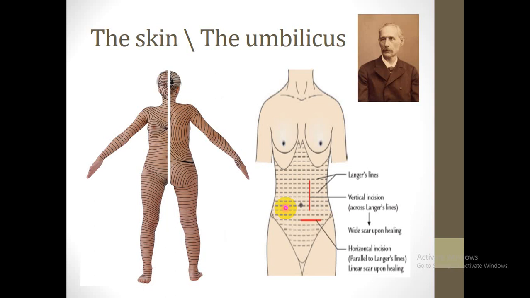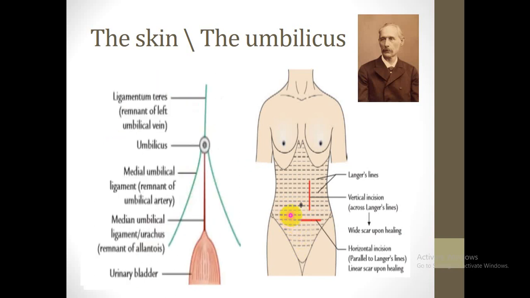The position of this umbilicus is at the intervertebral disc between L3 and L4, and sometimes this position varies according to age. In old age, due to diminished tone of the abdominal muscles, it will be at a lower level, and in children it is also found at a lower level because of underdeveloped pelvic organs.